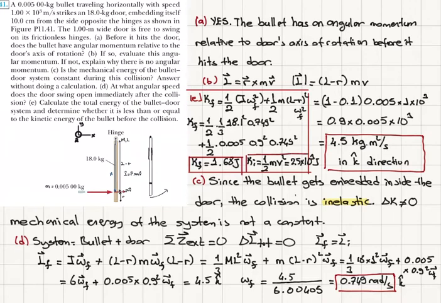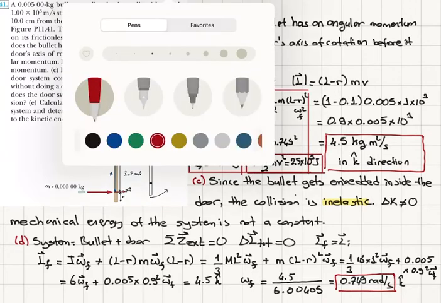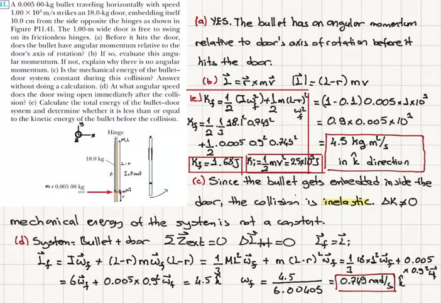So I can see that my final kinetic energy is 1.68 joules, my initial kinetic energy 2.5 times 10 to the 3 joules. So final kinetic energy is less than the initial kinetic energy. So K final is less than K initial. There is a lot of energy loss in the system during this collision.